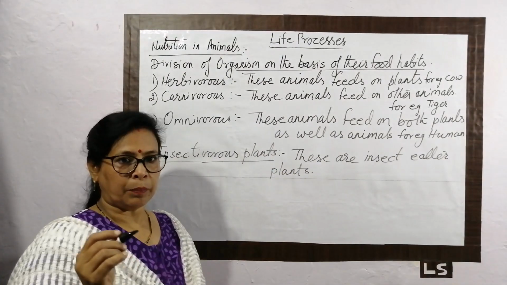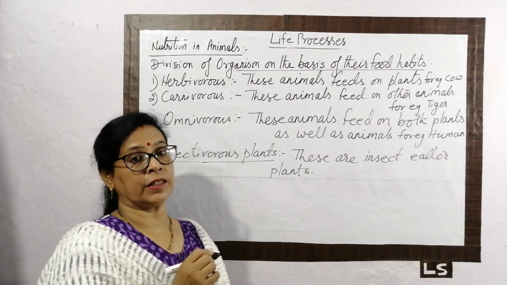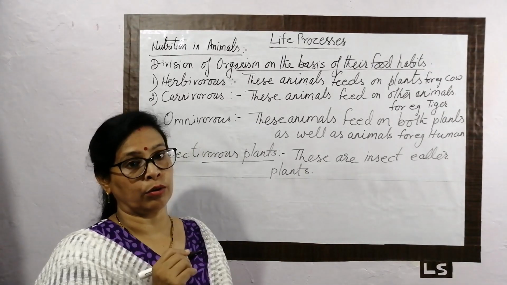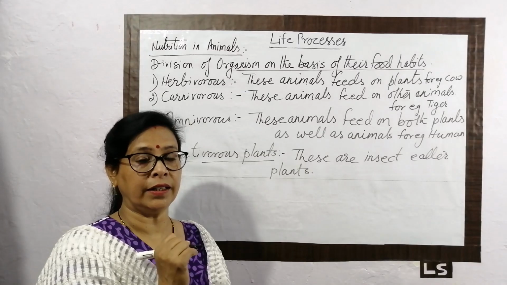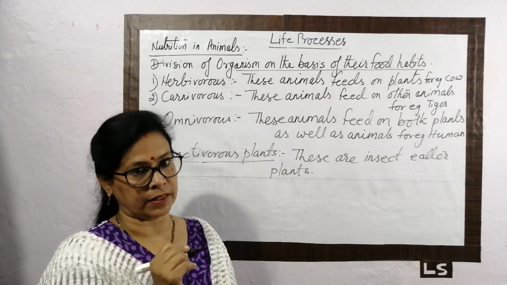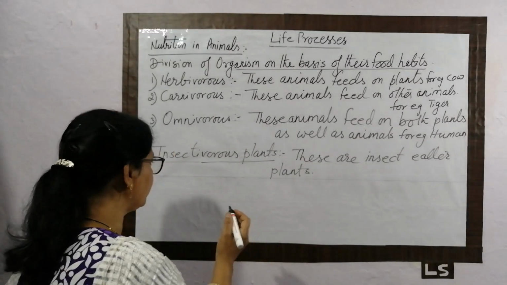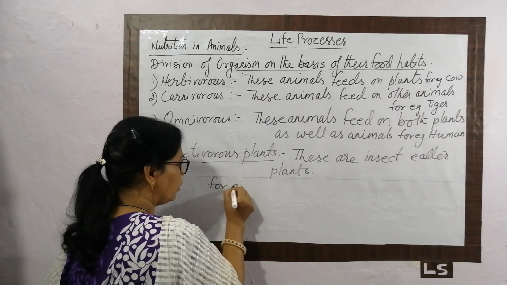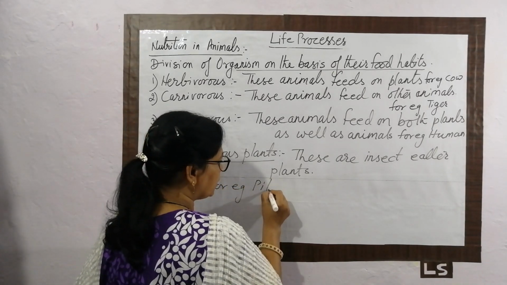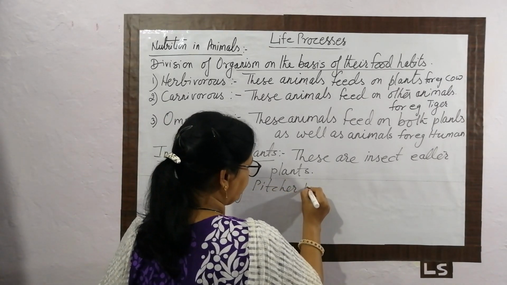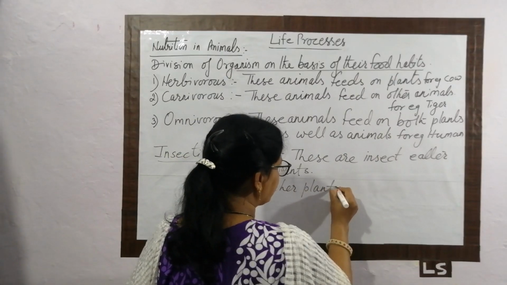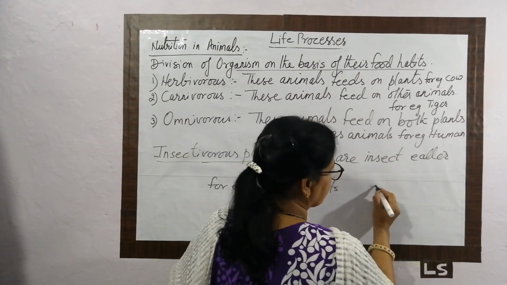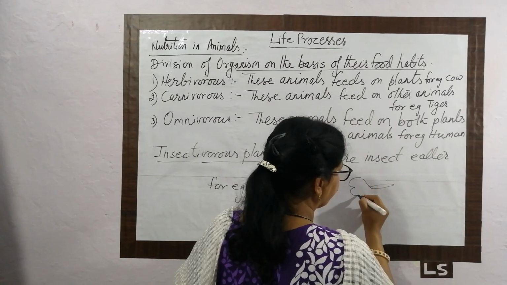Because the place where these plants live is lacking in nitrogen. For their nitrogen need, they have to feed on insects. One very known example you know very well is the pitcher plant. You have already studied about the pitcher plant in your 8th class. Just remind yourself.